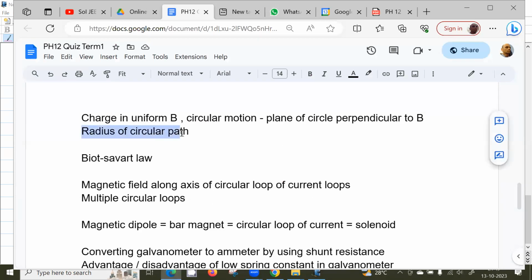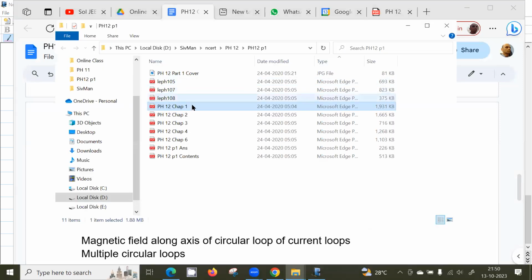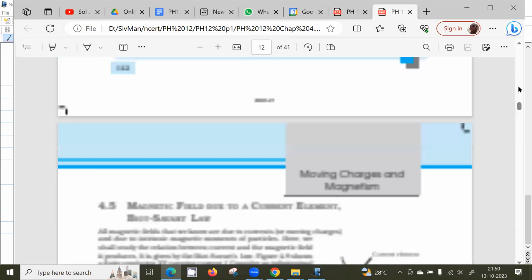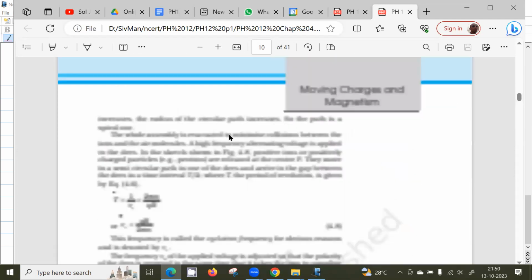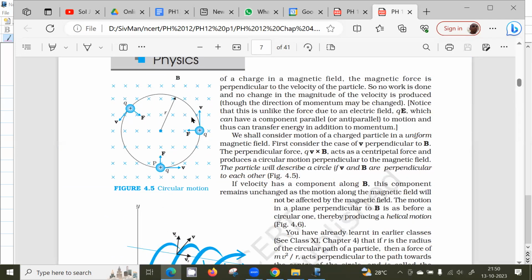Now another thing I added is the radius of circular path. So you have a charge moving in a uniform magnetic field, which is there in the book. Here the magnetic field is uniform because the crosses are equally spaced everywhere, and the initial velocity is perpendicular to this magnetic field.